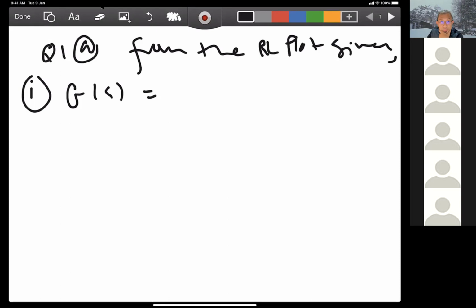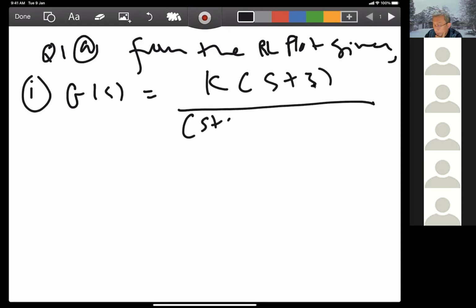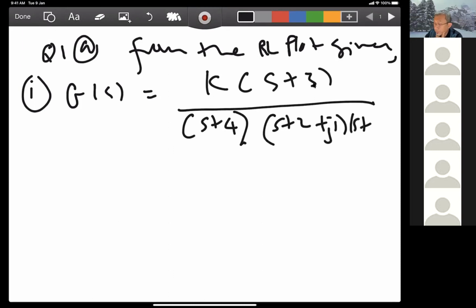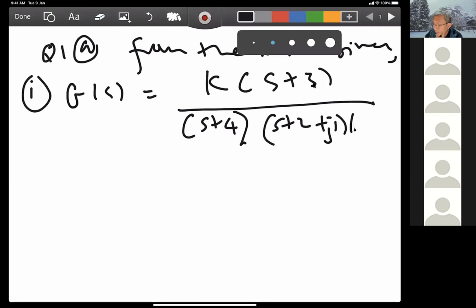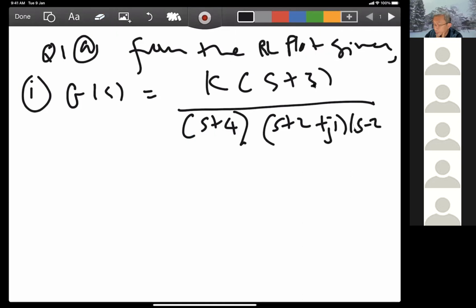The first pole is the real pole, the second and the third poles are the complex conjugate. So it will be K(S plus 3) over (S plus 4)(S plus 2 plus j1)(S plus 2 minus j1). Okay, correct?